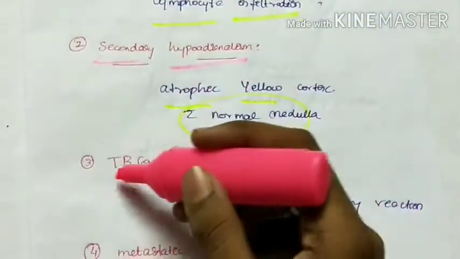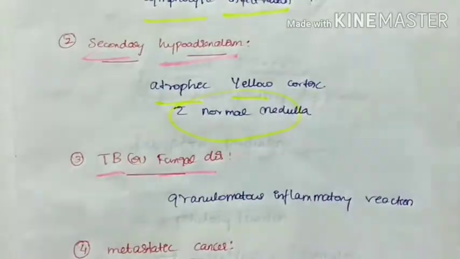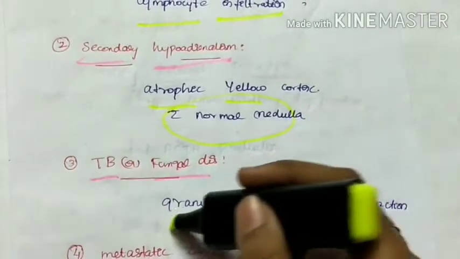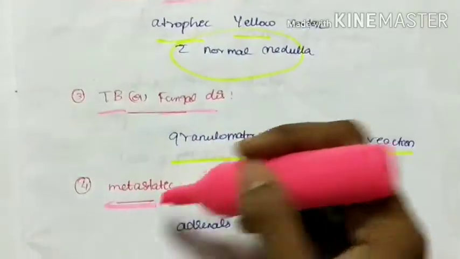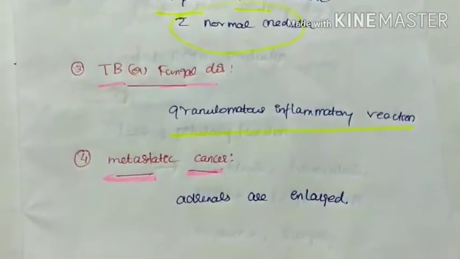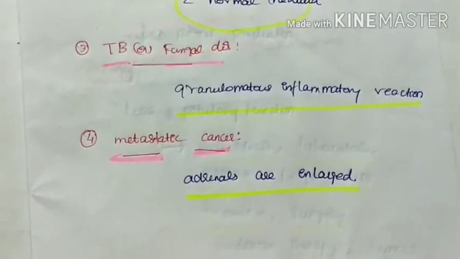Third is due to tuberculosis or any fungal disease. There is granulomatous inflammatory reaction. And the next is in case of any metastatic cancer, the adrenals are enlarged. This is all about the pathology of adrenal cortex. Thank you.